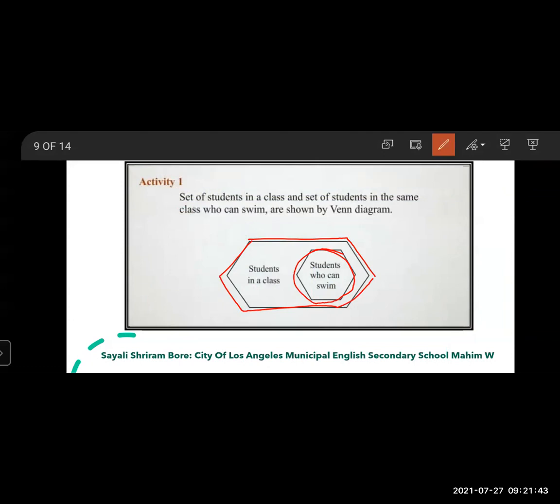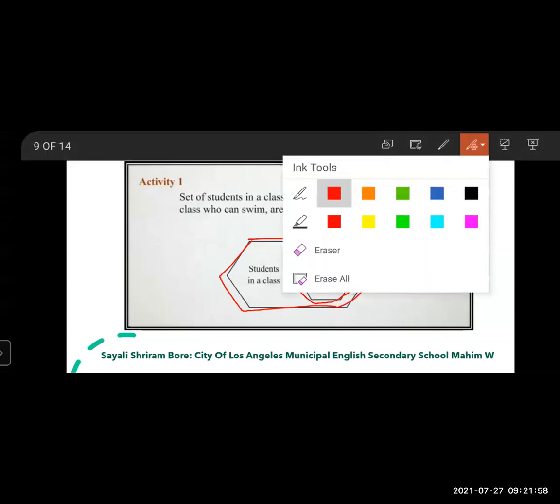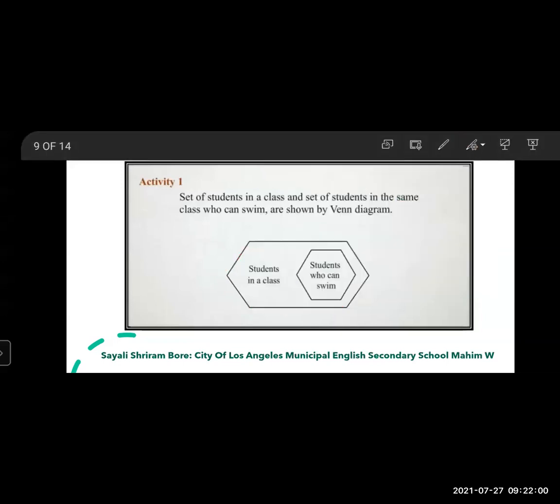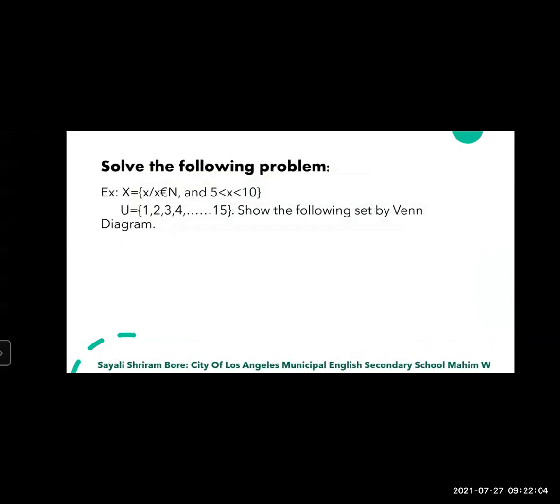So students in your class is the whole, or the biggest one, and out of that you can show the students who can swim by using another set. Okay, solve the following problems.